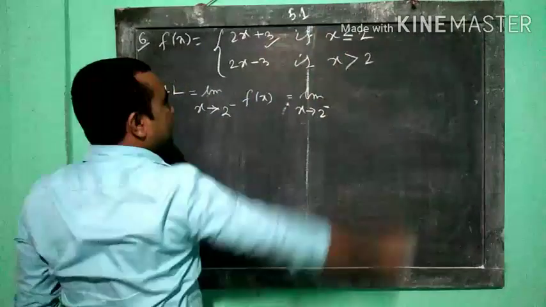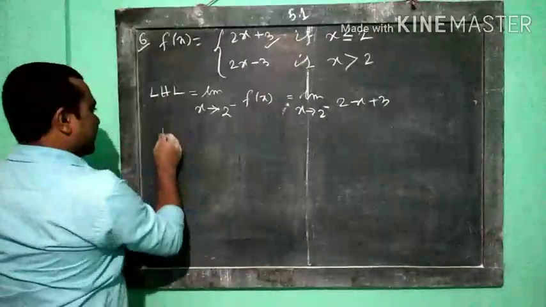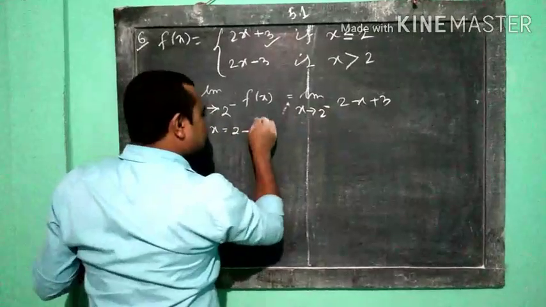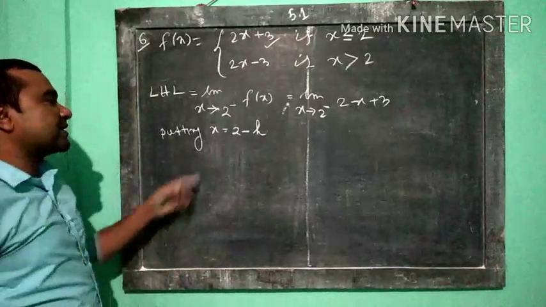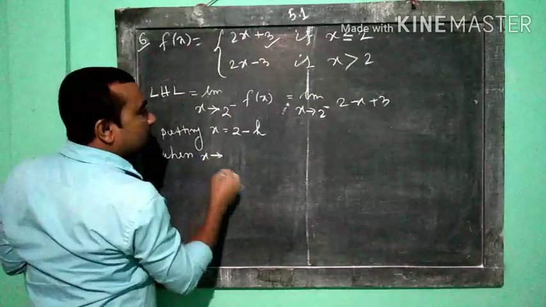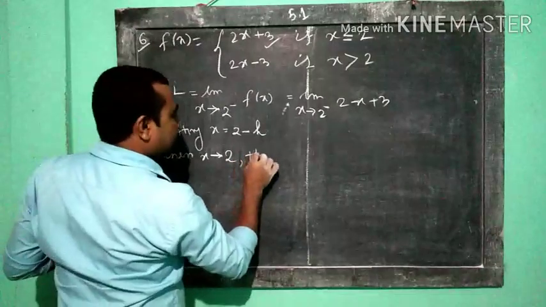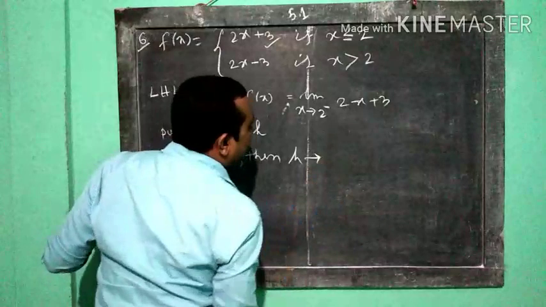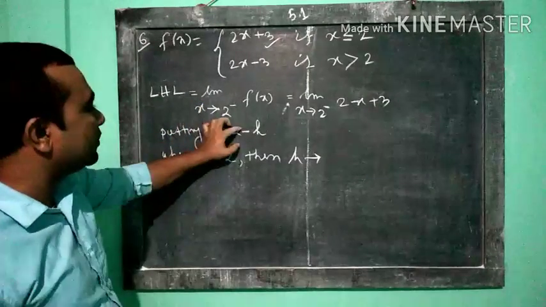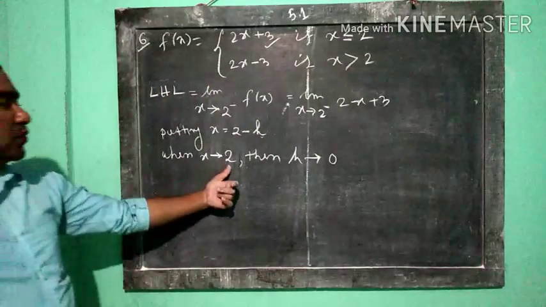Putting x equal to 2 minus h, when x tends to 2, h tends to 0.